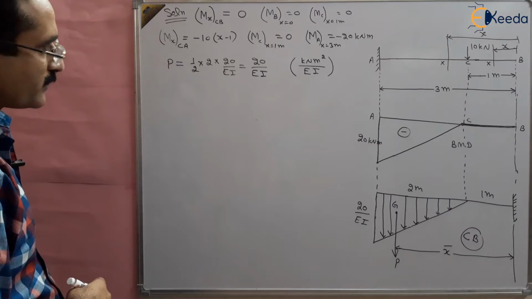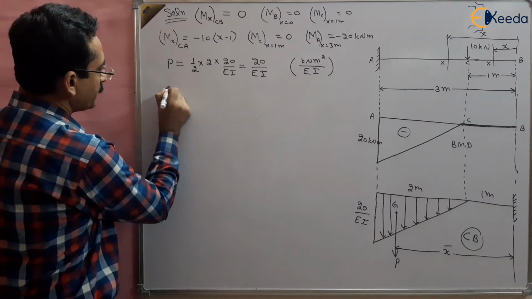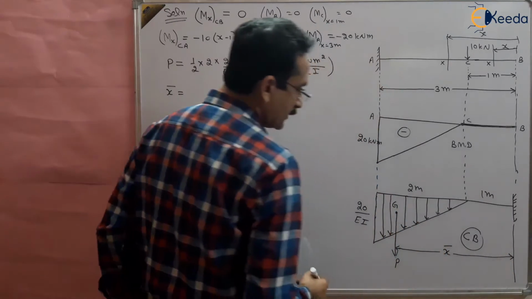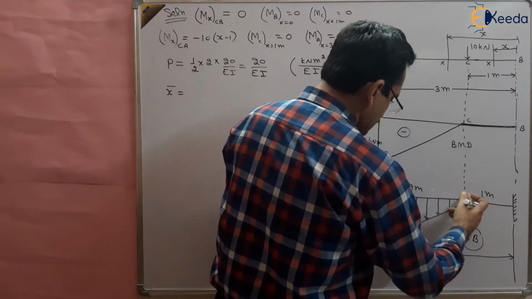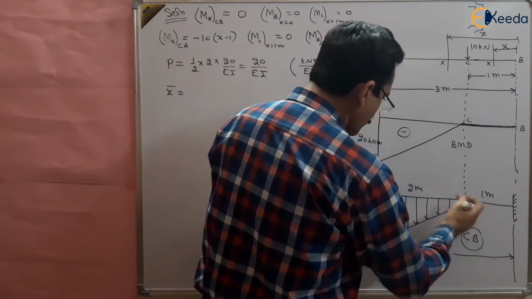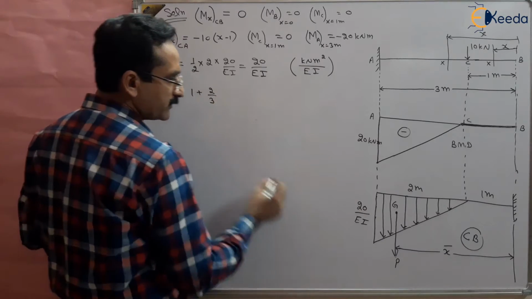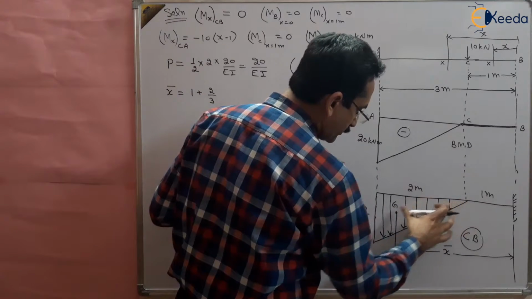Now, what is x bar? This distance is 1 plus 2/3 of this 2 meters, because the load acts 2/3 from the apex.